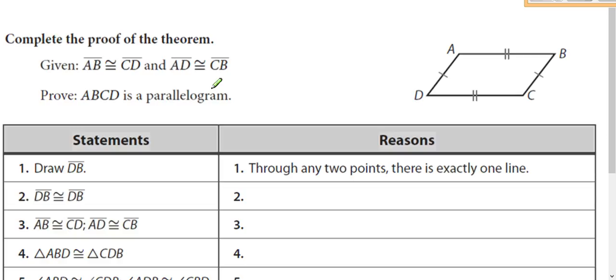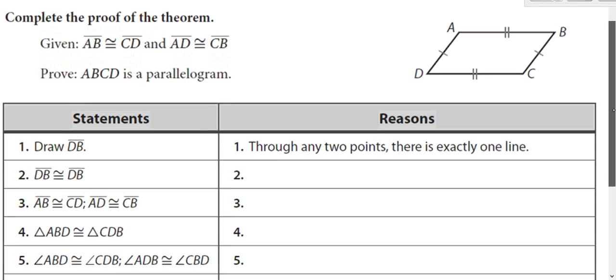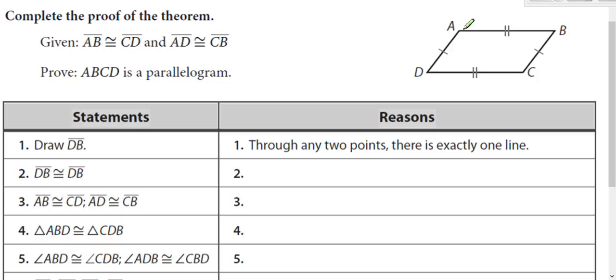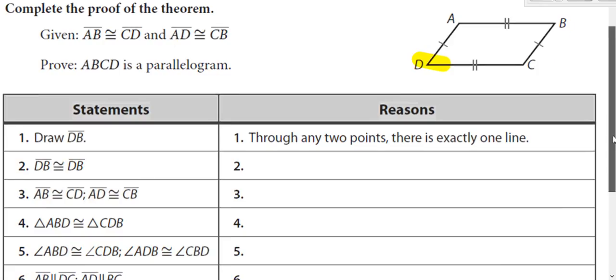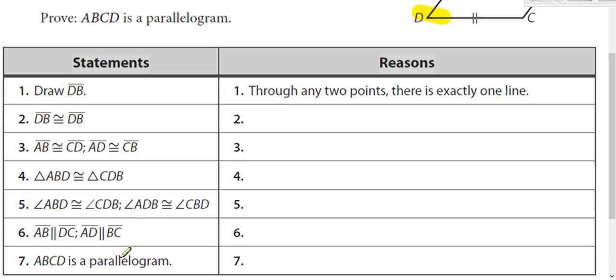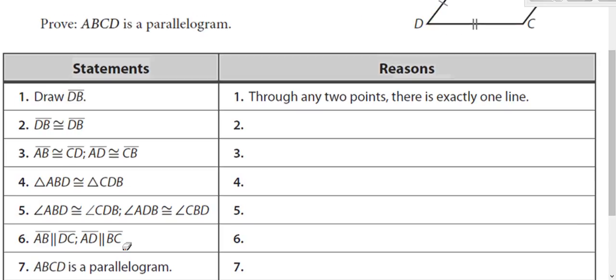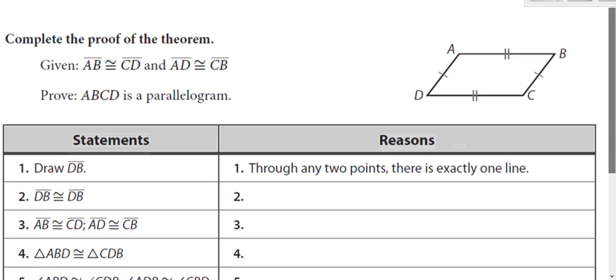We are going to prove it by proving that opposite sides are parallel, and then we'll know it's a parallelogram using the definition of parallelogram. To do that, we're going to be using things like alternate interior angles, corresponding angles, whatever works out for our proof.